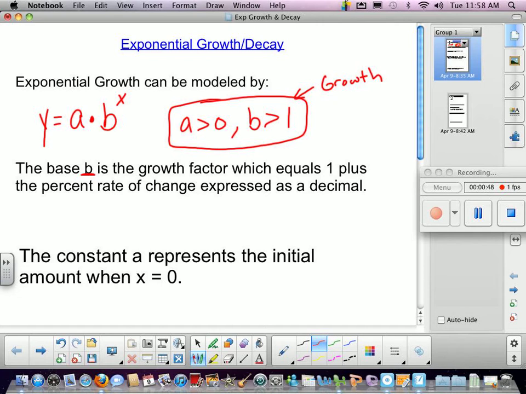is the growth factor, which equals 1 plus the percent rate of change expressed as a decimal.